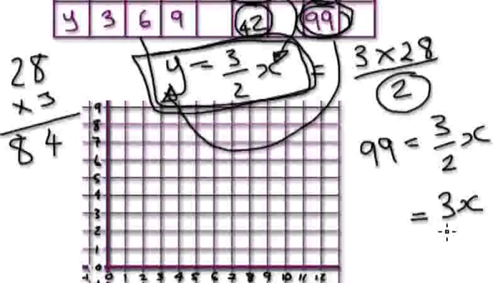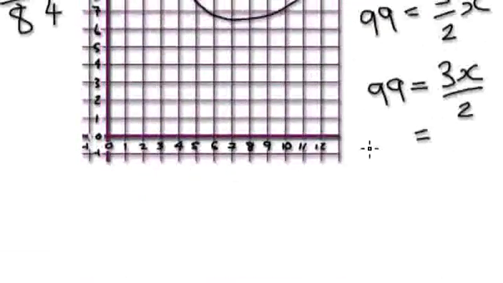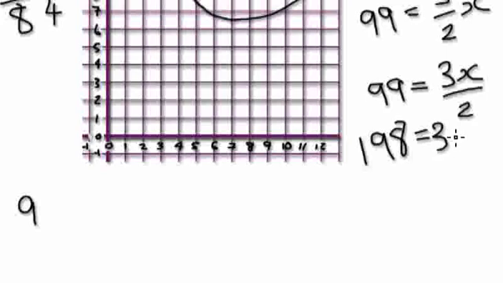I'm just going to visualize it like this. Now times 2 to both sides, so 99 times 2 would be 198. The other side is 3x, and divide both sides by 3.